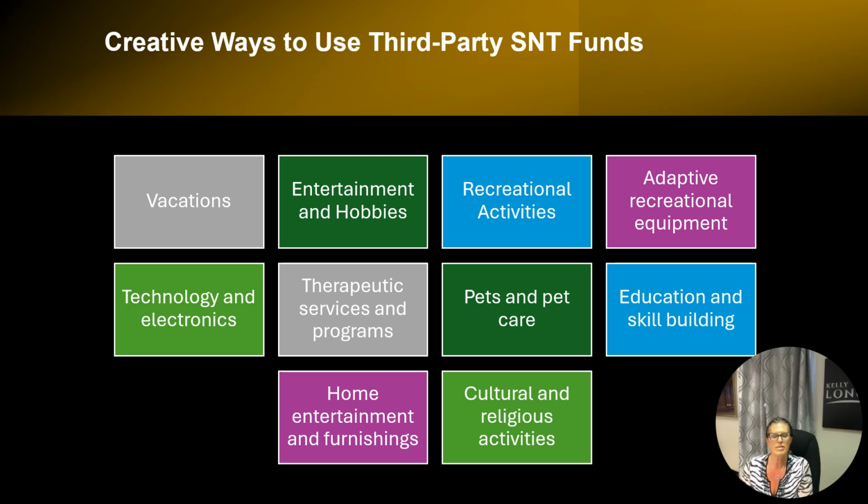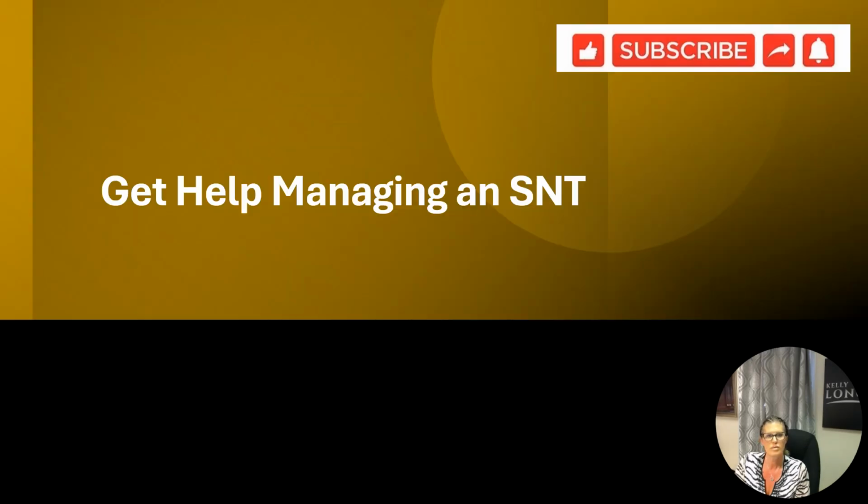Now, although most housing-related expenses are not allowed from an SNT, many of the items that make a house a home, such as comfortable furniture, stylish decor, and an engaging sound system, are allowed. Now, there's also cultural and religious activities. You can use the money from the trust to foster participation in cultural or religious events, such as festivals, ceremonies, or annual celebrations that the beneficiary finds meaningful.